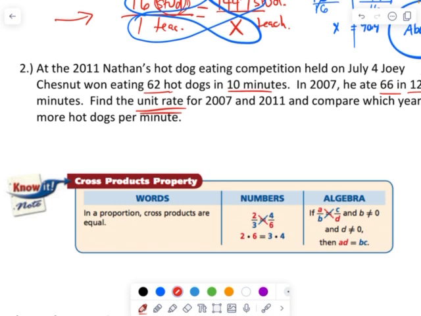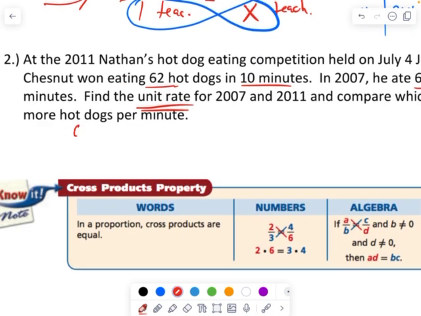So remember, we want to take it per one. So I'm going to do 62 hot dogs in 10 minutes. Well, what is that per 1 minute? How many hot dogs is that?